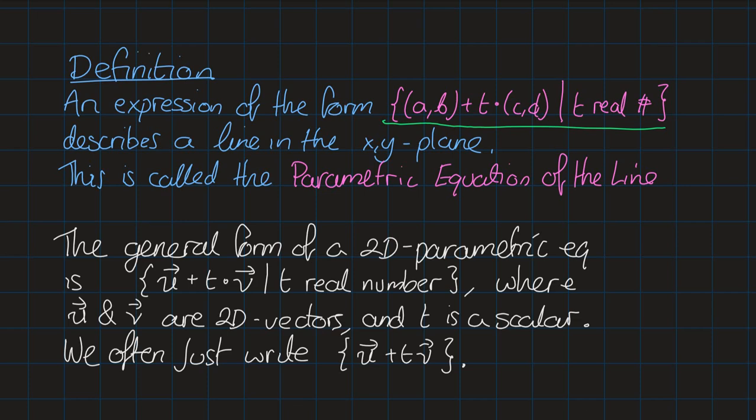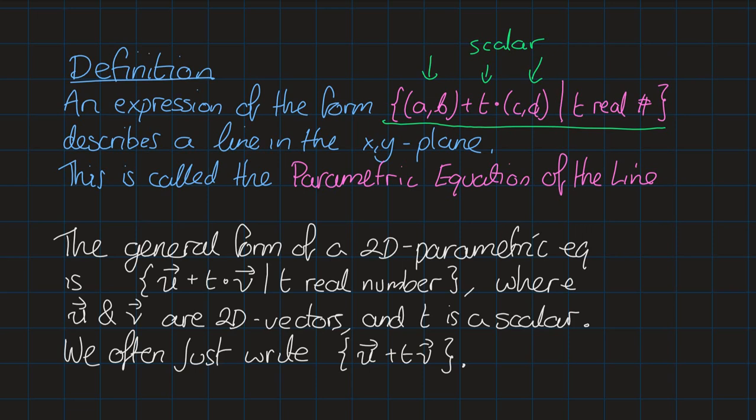So I have one vector right here, and I have another vector right here, and t is a scalar, and I'm doing scalar multiplication. So I'm saying you go to the point (a, b), and then you add all the scalar multiples of (c, d). That's what this t is a real number means. So I'm letting t run over all the real numbers.